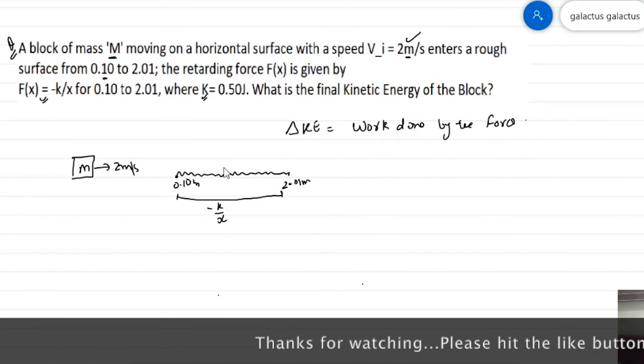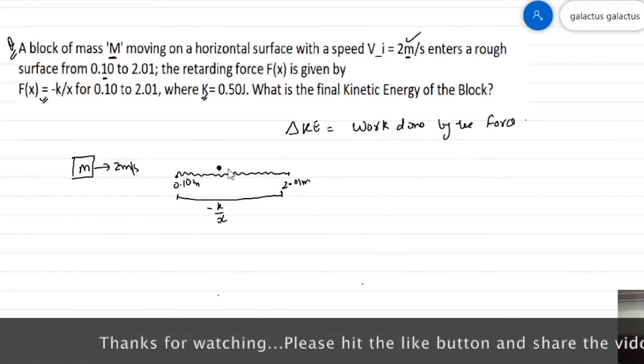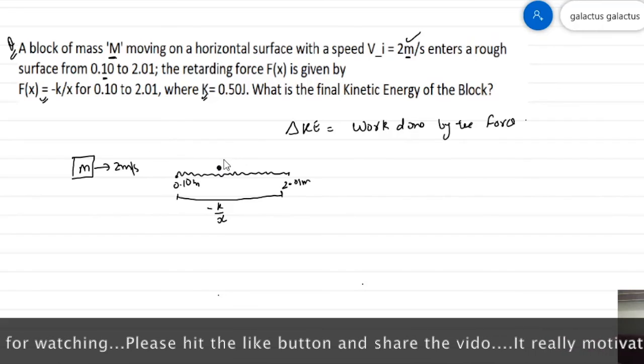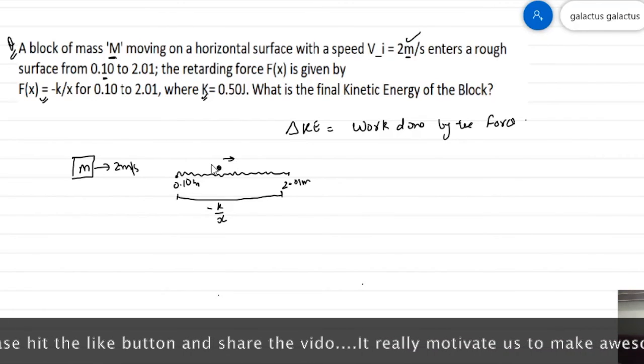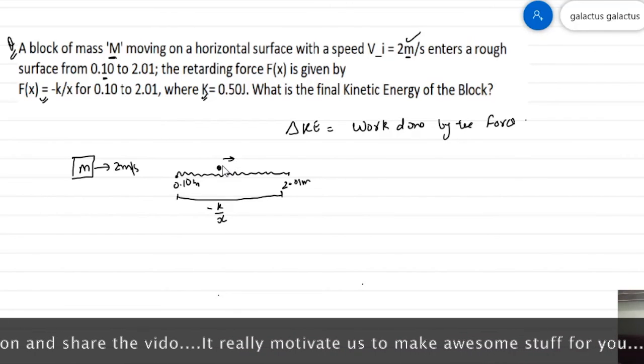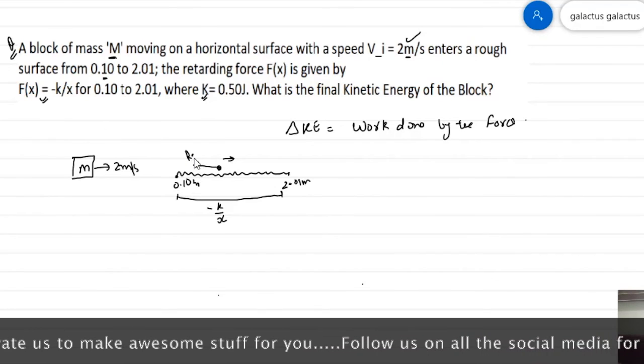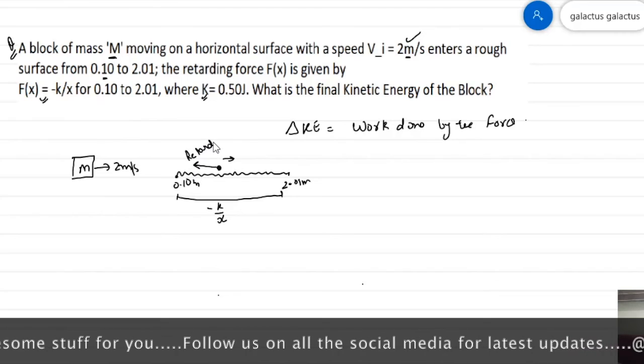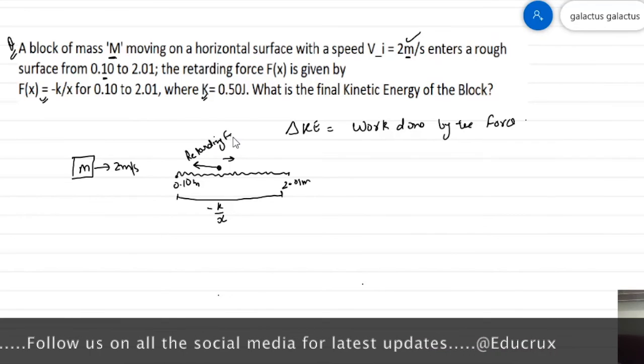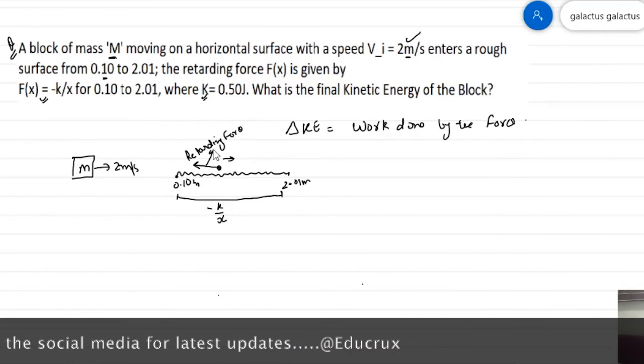If the block is moving in this direction, the retarding force will act in the opposite direction. This is the direction of the retarding force.